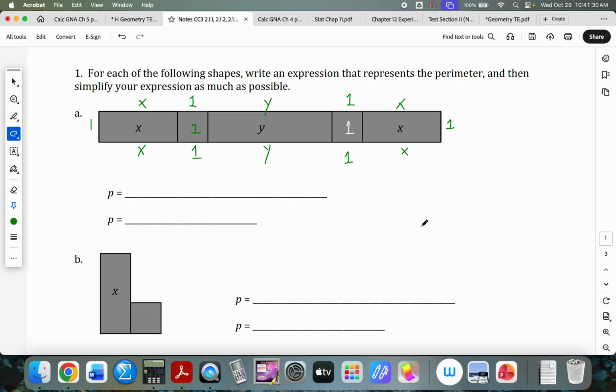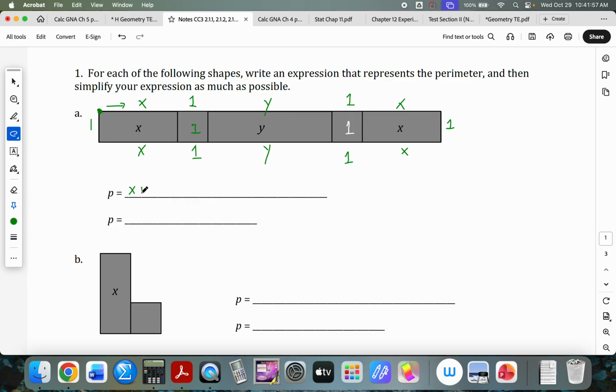So when they ask for an expression that represents the perimeter, I'm simply going to pick a place to start, and you can pick any place that you want. I personally choose the top left-hand corner and I go clockwise. But whatever appeals to you is absolutely fine. So I'm going to start here and go around this direction. I'm just going to write down all the things that I have.